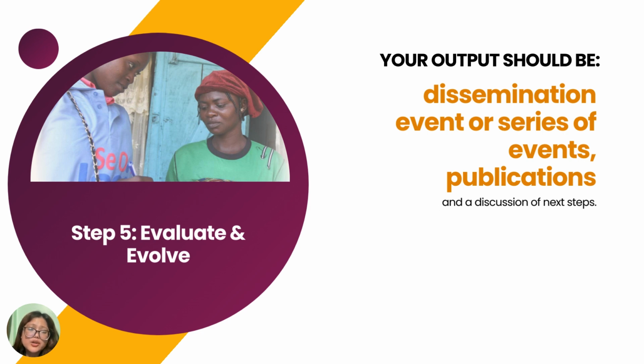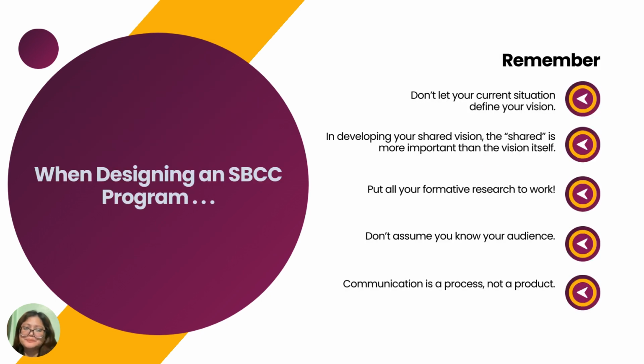So basically, the output of step number five, evaluate and evolve, is the dissemination of events or series of events or even publications and a discussion for the next steps of the campaign.